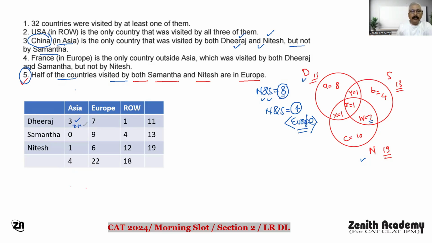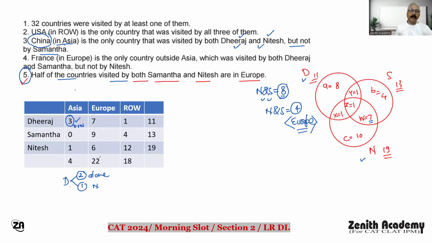Dheeraj plus Nitesh. And Dheeraj actually visited 3 countries. It means it is very clear that in 2 countries Dheeraj went alone, and 1 country with Nitesh. Correct?